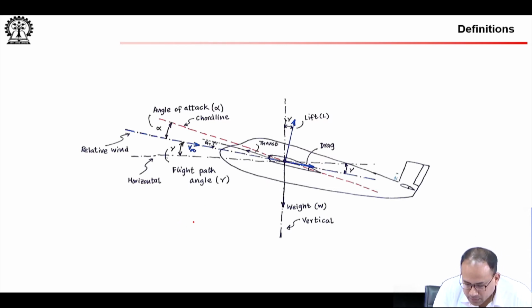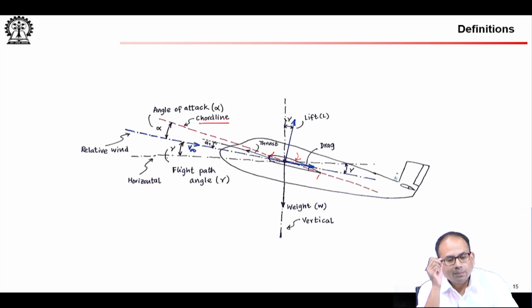Okay, let me just draw it here. So, if you see this is the wing, and if you join the trailing edge of the wing with the leading edge of the wing, this red dotted line is the chord of the wing, and I have extended it all the way and I have called it the chord line.